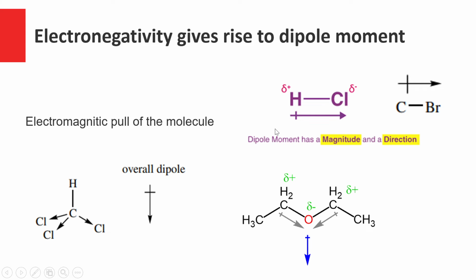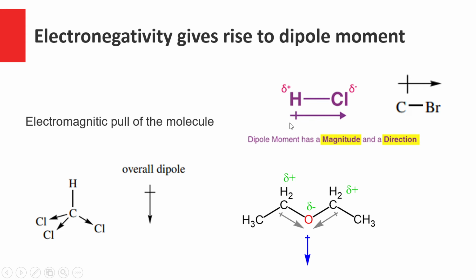So an illustration of this concept is here in hydrogen chloride, where two electrons are shared between a hydrogen and the chloride, the chloride being more electronegative, so the chloride having more gravity pulls the electrons closer to it. And so this is represented by a cross and an arrow.